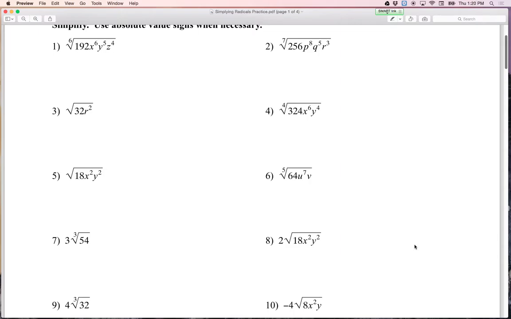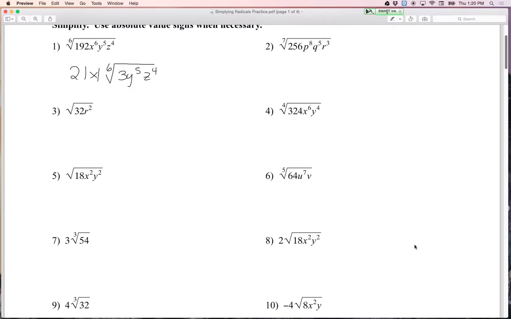It's 2 absolute value of x, 6th root of 3y to the 5th, z to the 4th. The absolute values have to be around the x because it's an even root, and anything that comes out, if it's an odd result, needs absolute values around it.